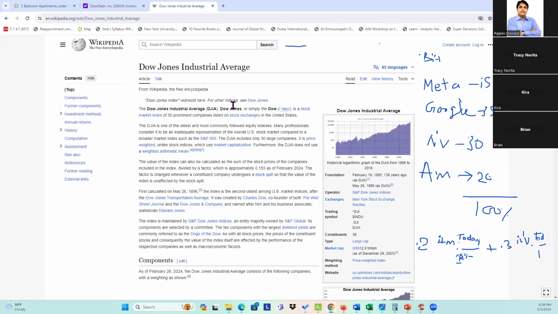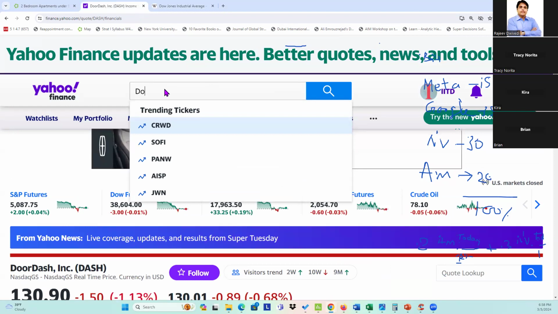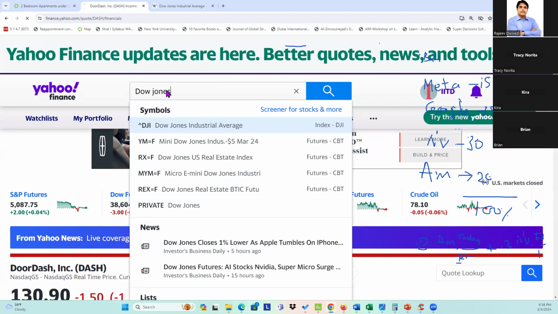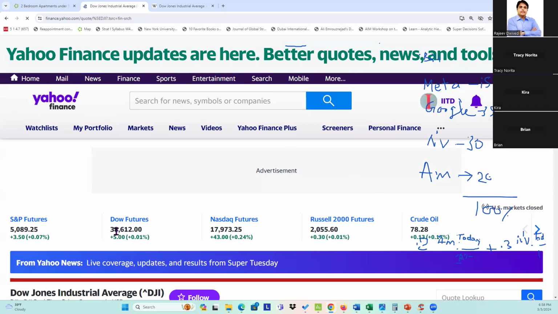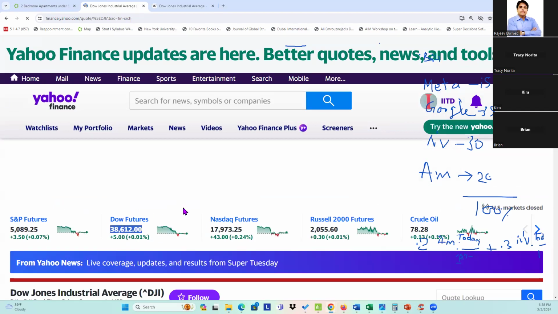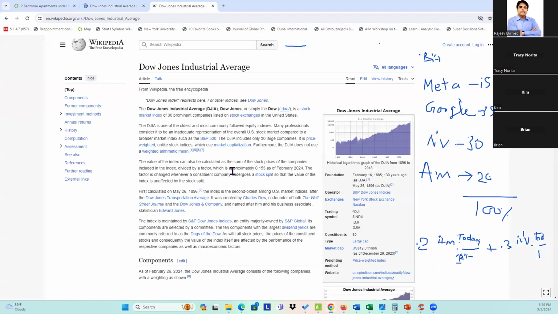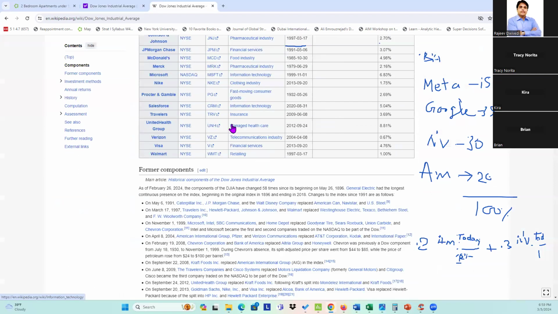So if the Dow Jones index today is, let's say, where's Dow Jones? Yeah, 38,000, this is the value. How is this value coming? This value is coming based on this, and they also remove a few companies and incorporate a few companies.